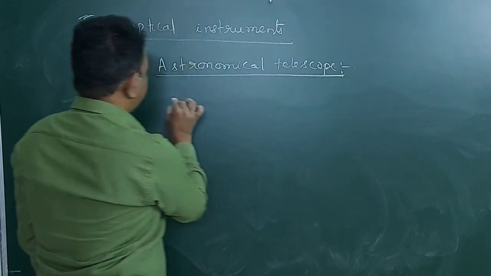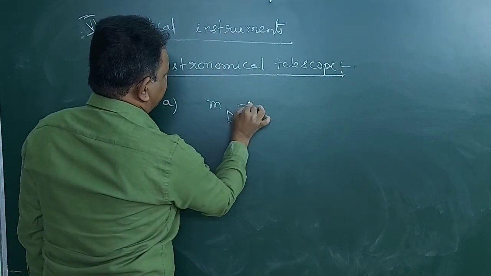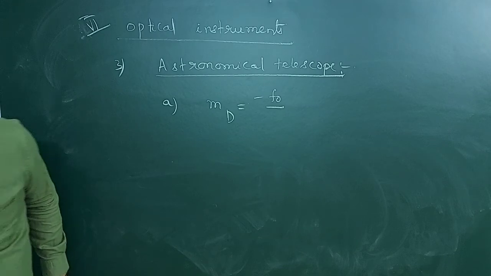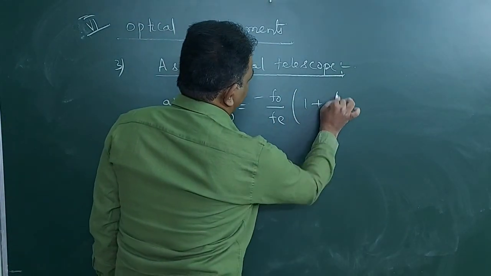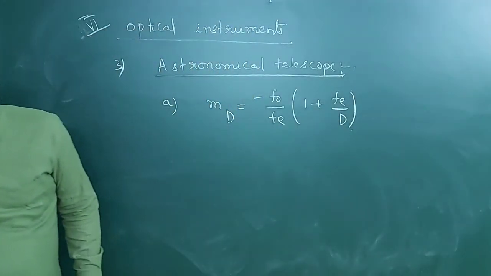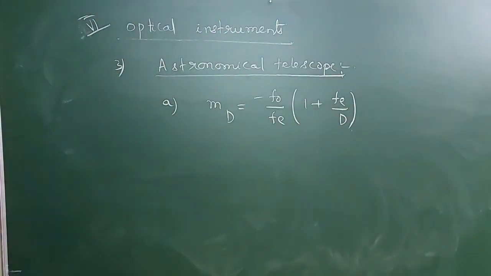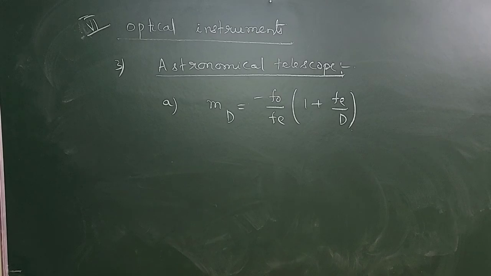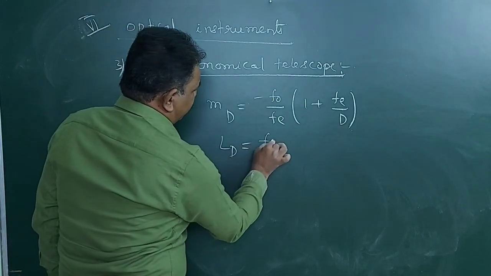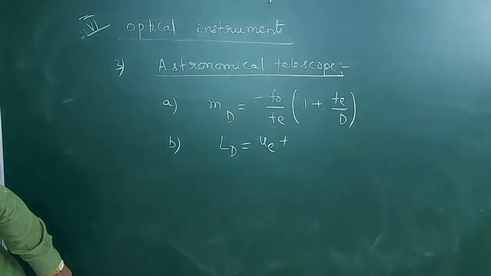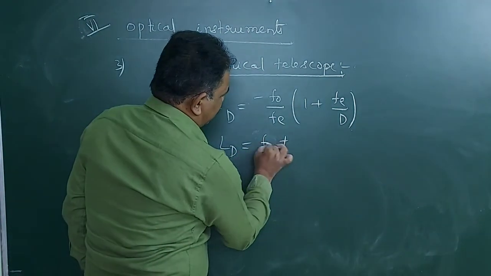In this, when image is formed at the near point, the formula we will use is minus FO by FE into 1 plus FE by D. And here the length of the telescope is equal to FO plus UE.